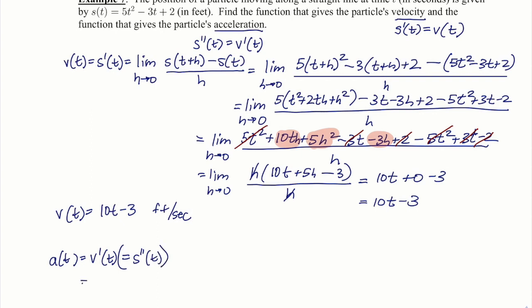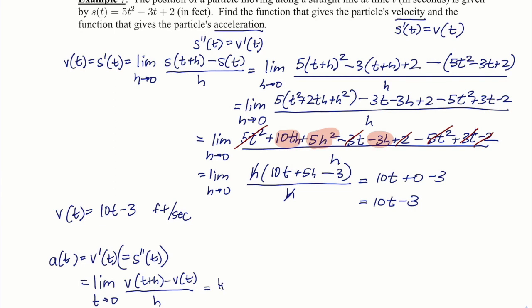So using the derivative of v, now I want the limit as h goes to 0 of v of t plus h minus v of t, all divided by h. So same derivative pattern, but now my starting function is v.